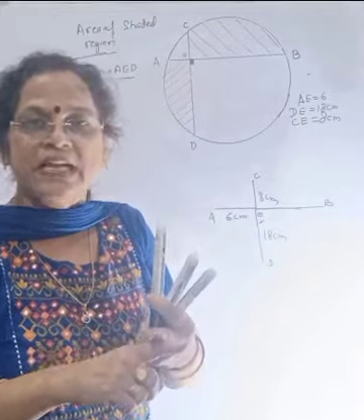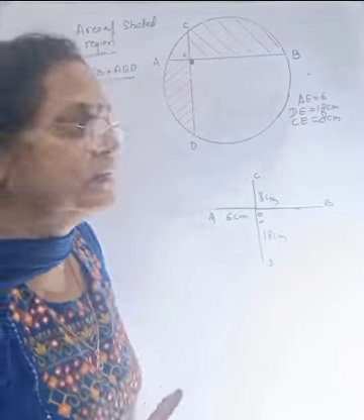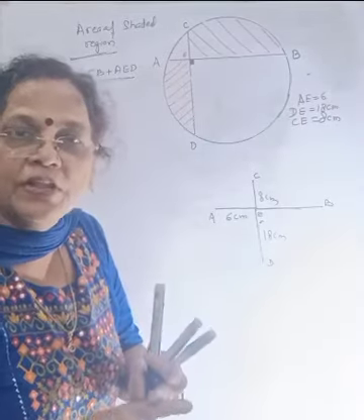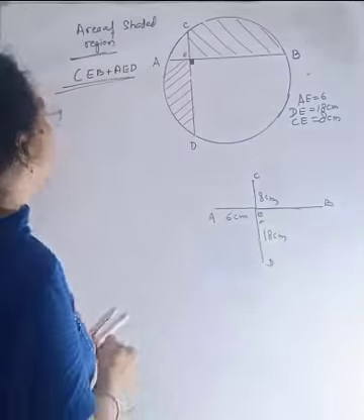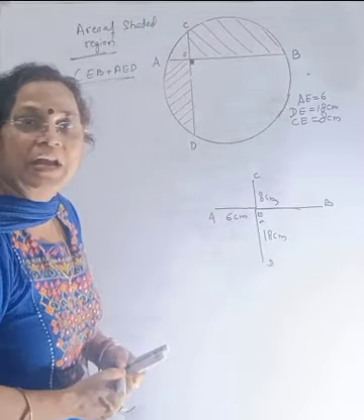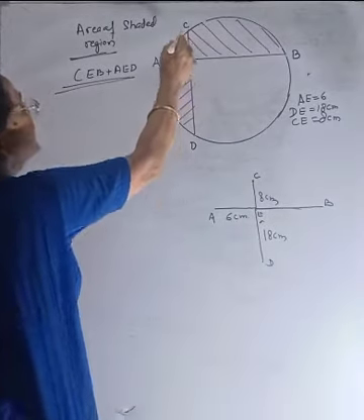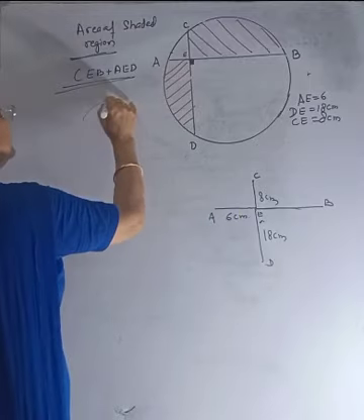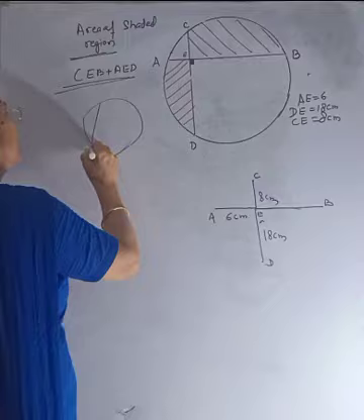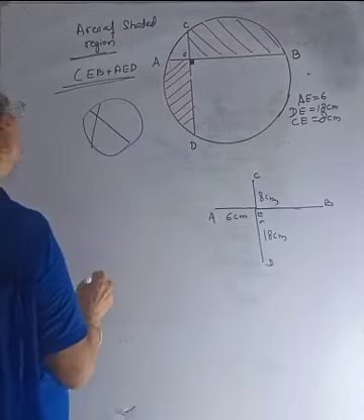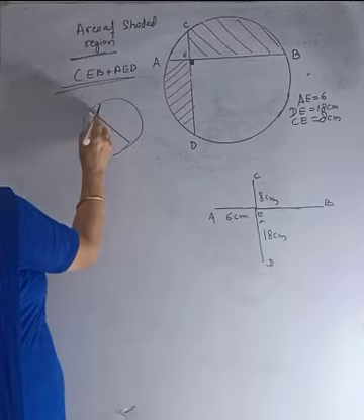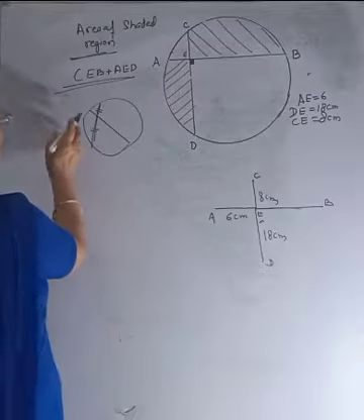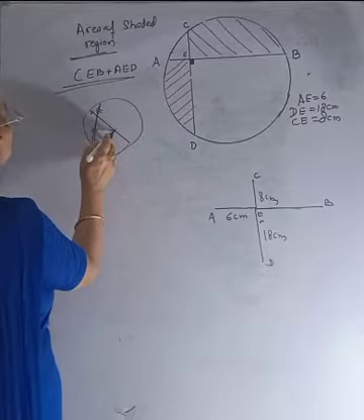When they cross each other, intersect each other inside the circle, then what is the theory? जब कोई दो जीवाएं वृत्त के अंदर एक दूसरे को क्रॉस करती हैं, क्या थ्योरी होती है? थ्योरी ऑफ chord intersection inside the सर्किल. ये कॉर्ड है, ये कॉर्ड है. किसी भी एंगल पे अगर एक दूसरे को इंटरसेक्ट कर रही हैं, then the product of the segments of this chord, इसका ये हिस्सा इनटू ये हिस्सा, will be equal to the product of this portion and this portion.